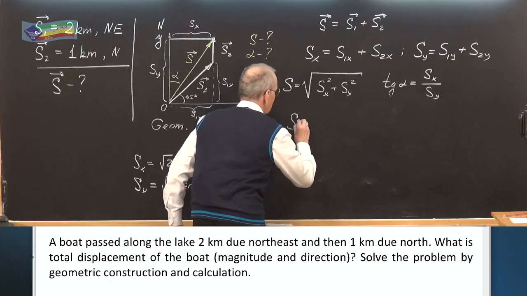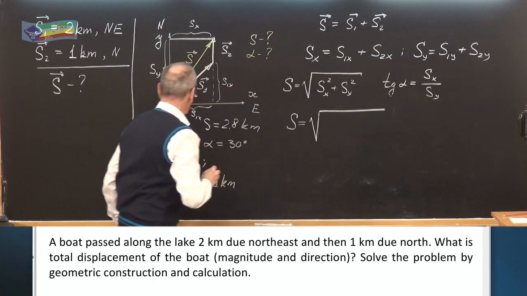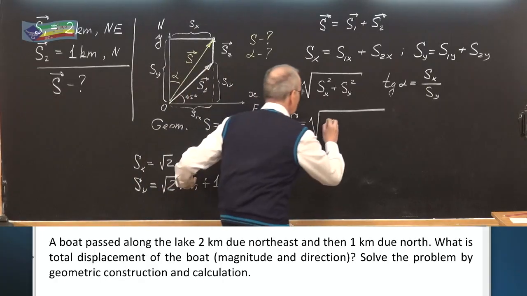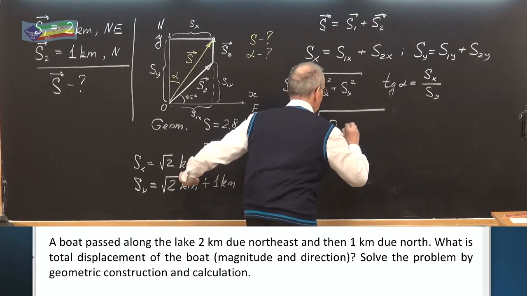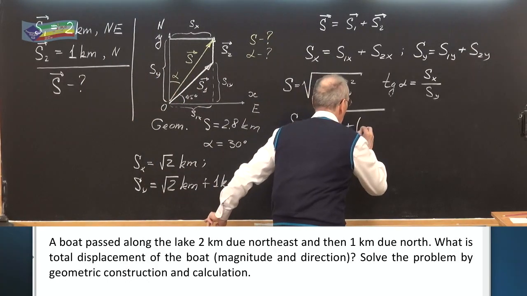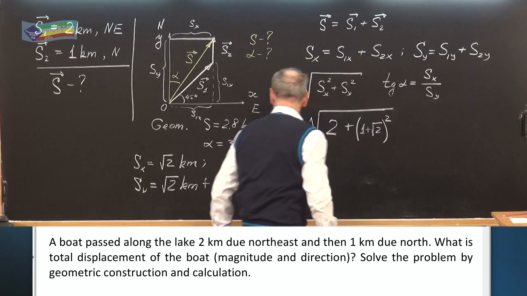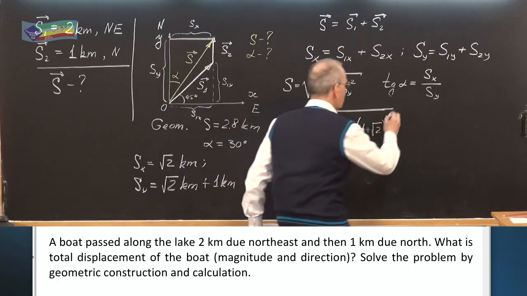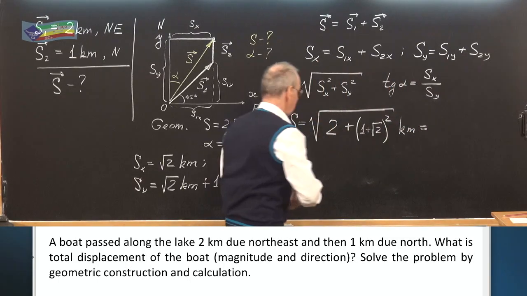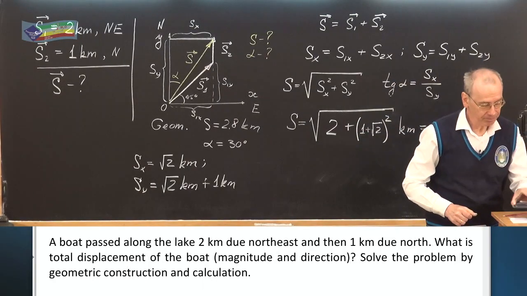S magnitude equals the square root of Sx squared, which is root of 2 squared kilometers, plus Sy squared, 1 plus root of 2 squared, kilometers. Now we should take a calculator and find the result.